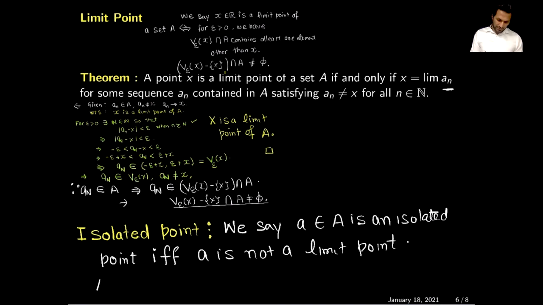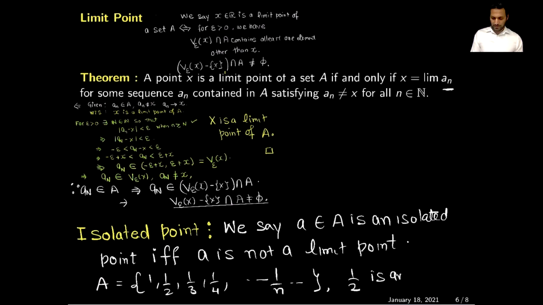For example, if I write down this set 1, 1 half, 1 third, 1 fourth, and so on, 1 over n, in this case 1 half is an isolated point because I can show that 1 half is not a limit point of this set.